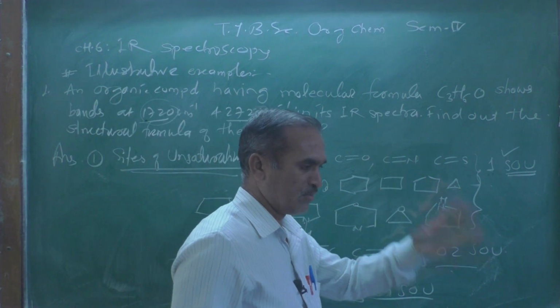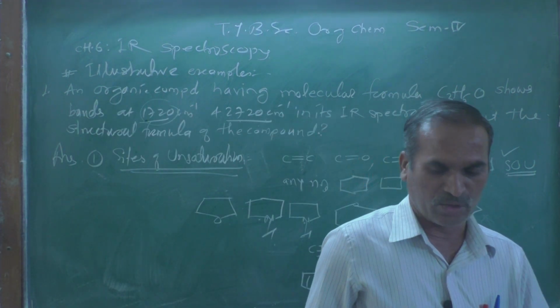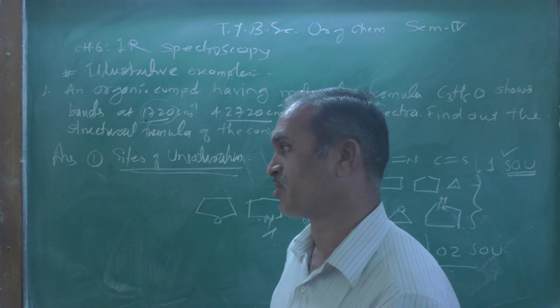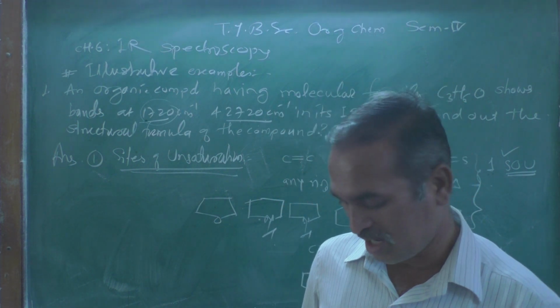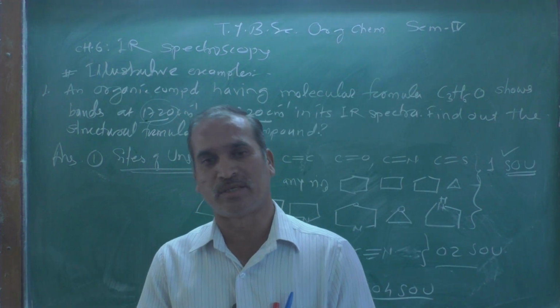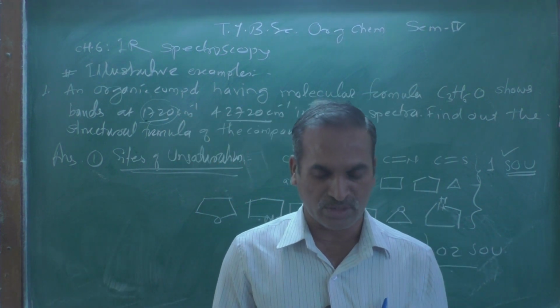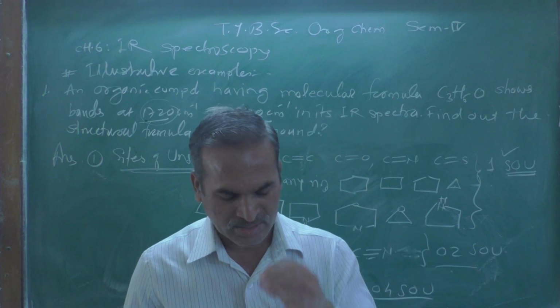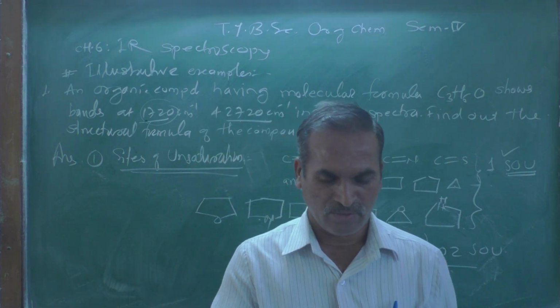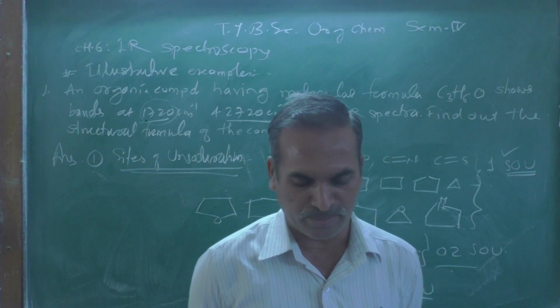There are various methods to find out the sites of unsaturation, but at T.Y.B.Sc level 2 methods are there. Out of the 2 methods, we are going to discuss only one method, how to calculate the site of unsaturation for the given organic compound.